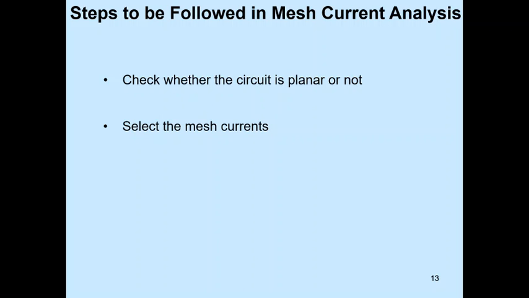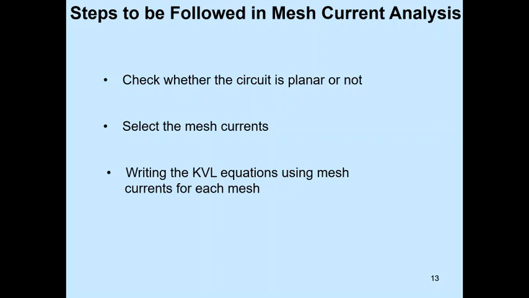The selection of mesh currents is very important. Then, once we select the mesh currents, write the KVL equations using mesh currents for each mesh. Then solve the above equations. These are the steps involved in mesh current analysis.